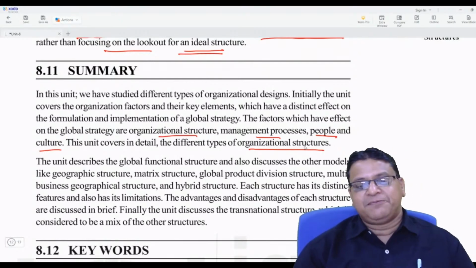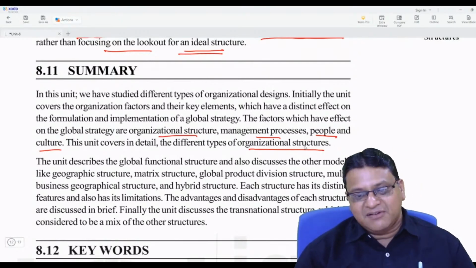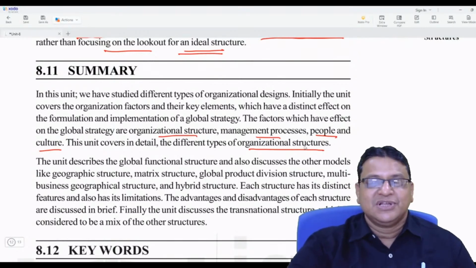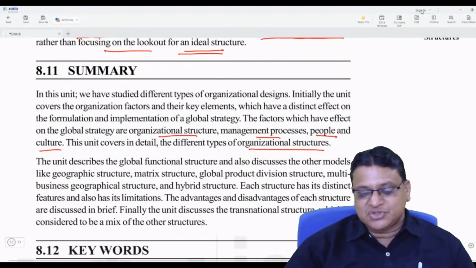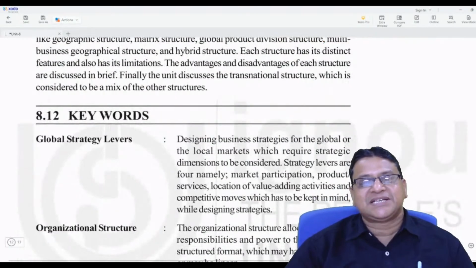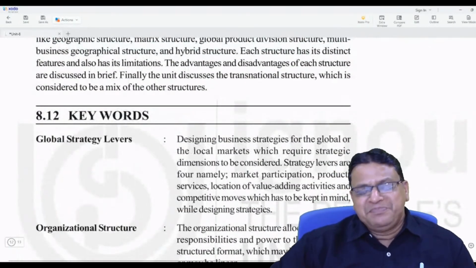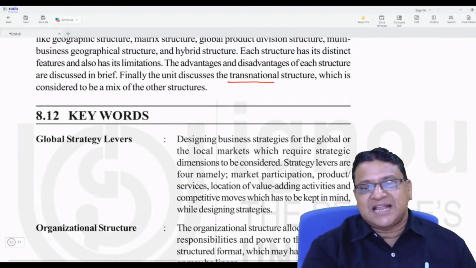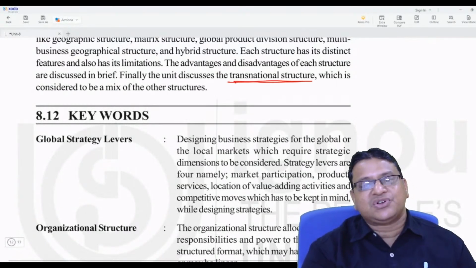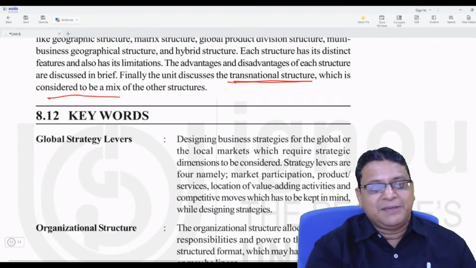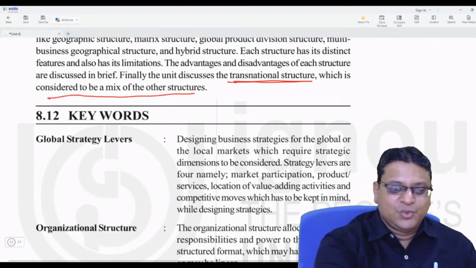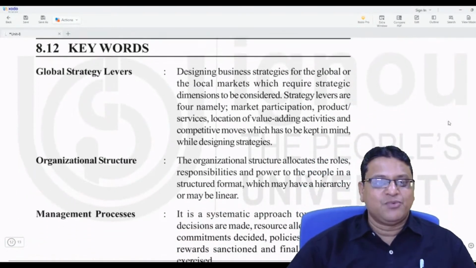We have discussed advantages and disadvantages of each structure. Finally, we have discussed the most important organizational structure which most MNCs follow, a mix of all other structures, known as the transnational organizational structure. We have discussed different keywords.